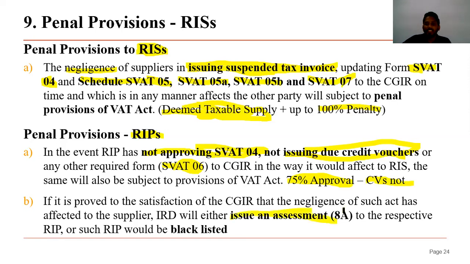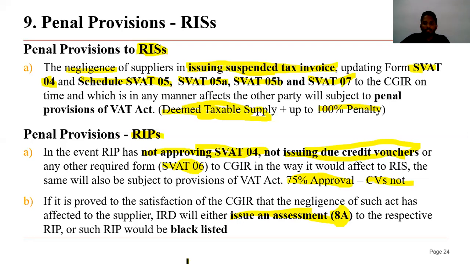Basically 8A is the case. They will disallow whatever purchases they made under SVAT terms. Disallow means you have to pay VAT. If they declare it as a suspended purchase, but the department has the power to disallow that under 8A, they will disallow that amount, and they have to pay VAT on such purchases.